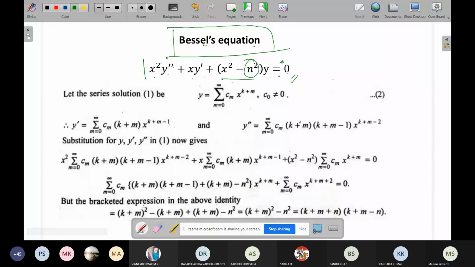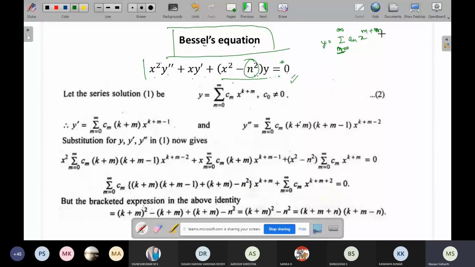Now you can see that x equals 0 is the regular singular point here. So if I assume y equals the summation of a n x power m plus n, n is already included here, so we'll take m equals 0.